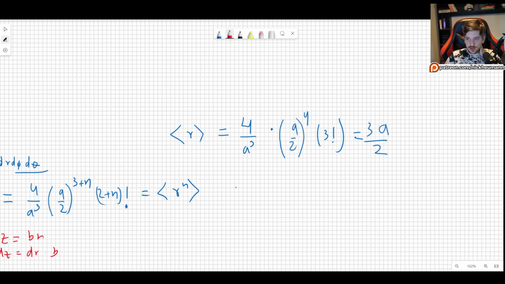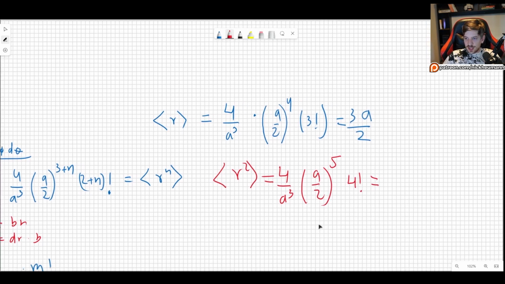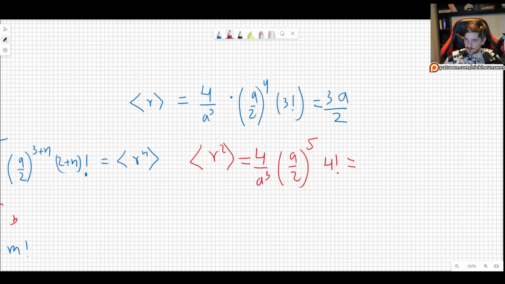And now using the formula for r squared, this would be 4 over a cubed, and then a over 2 to the 3 plus n, now n is 2, so we have 5, times 4 factorial. So this time we have 4a squared, 2 to the 5th, this is 32, and then times 4 times 3 times 2.